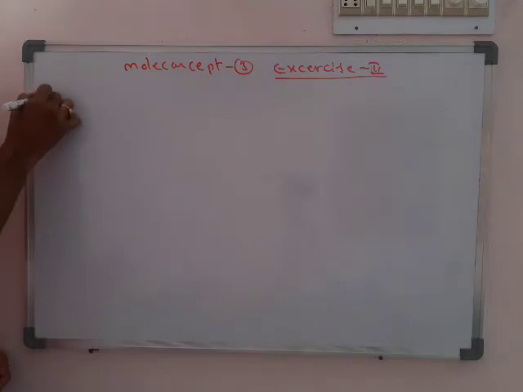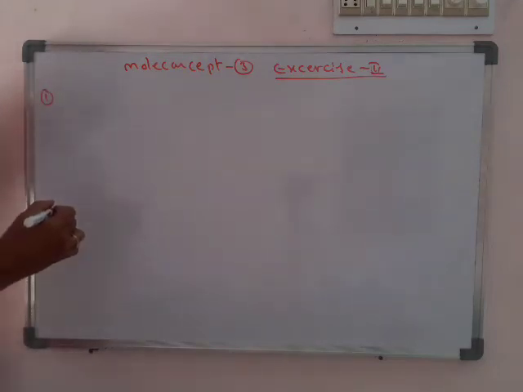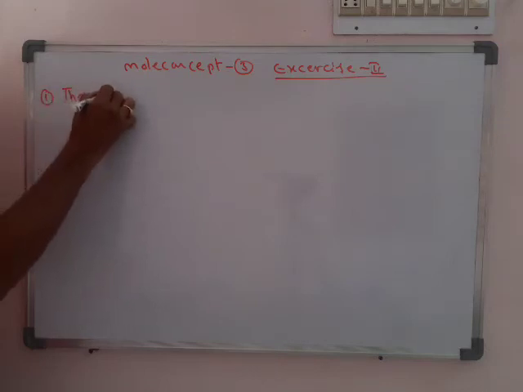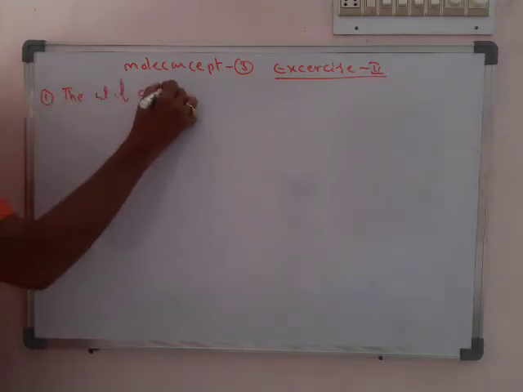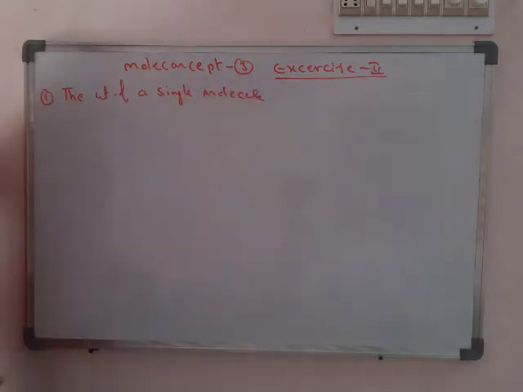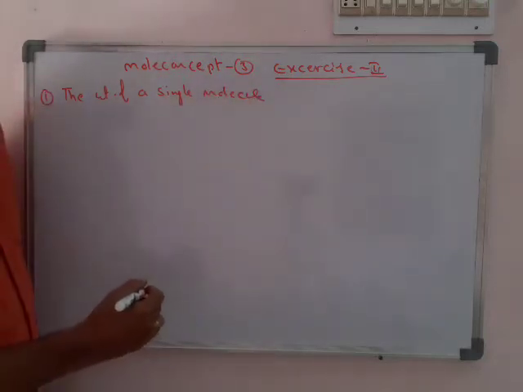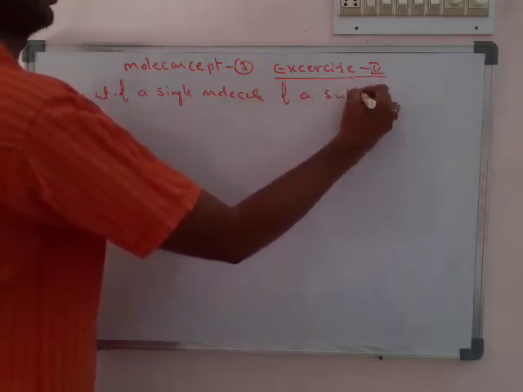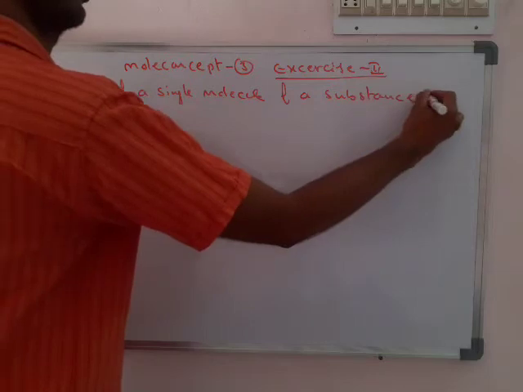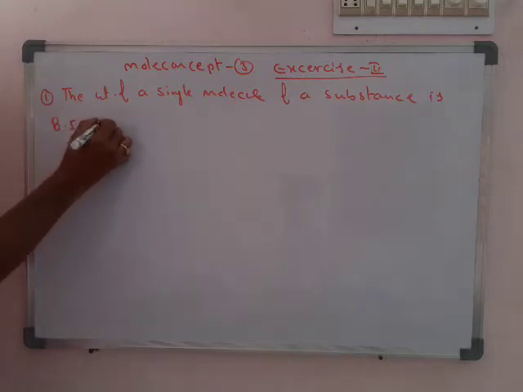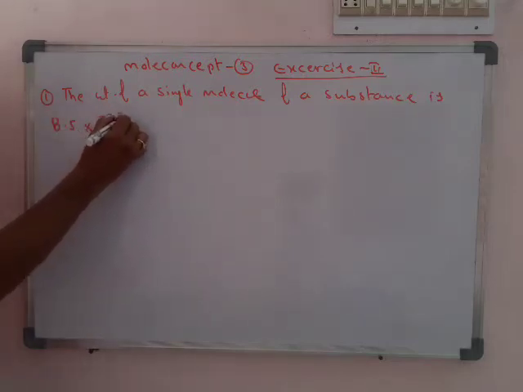So see the first one itself. The weight of a single molecule of a substance is given as 8.5 into 10 power minus 23 gram.